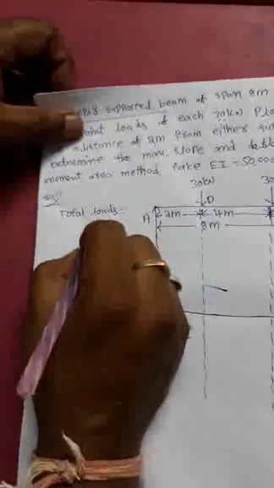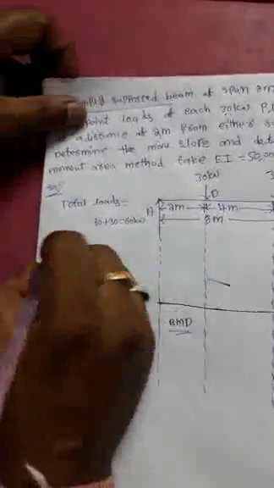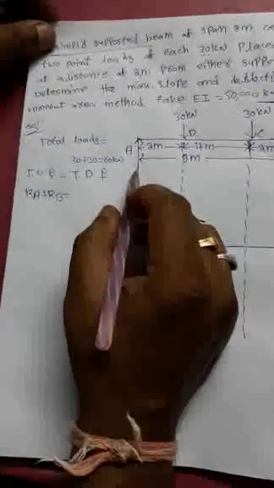Total loads equal to 30 plus 30, 60 kilonewtons. Total upward forces equal total downward forces. Total upward forces is RA plus RB, the forces acting in the upward direction. The forces acting in the downward direction are the downward forces. So downward forces equal 60 kilonewtons.